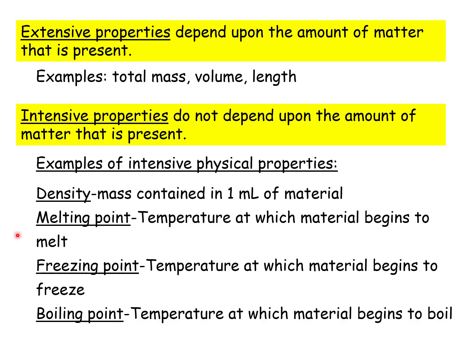And then under normal conditions, melting point, freezing point, and boiling point are all going to be independent of how much you have. This changes once you start talking about nanoscopic size things, and that's because the surface energetics start affecting how easily it can melt, or how things can change their state of matter.